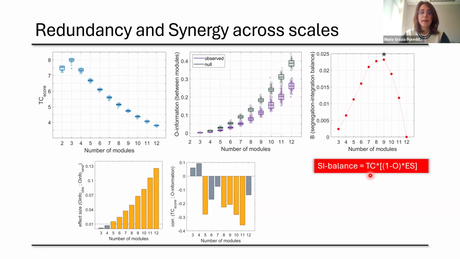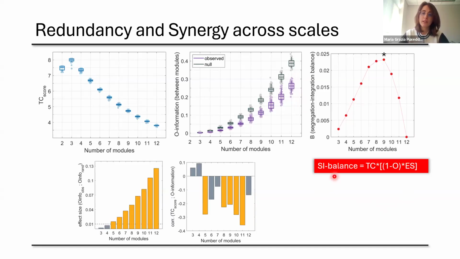We want the TC score, so redundancy within modules, to be high, and we want this term to be as high as possible because we want the O-information across modules to be low. And then we also want the effect size, so the difference between the observed O-information and the null information, to be high.